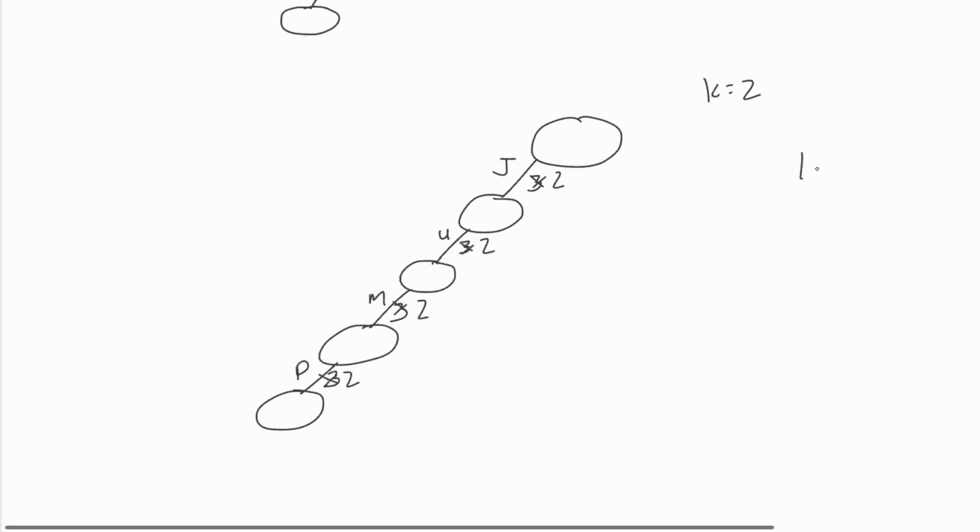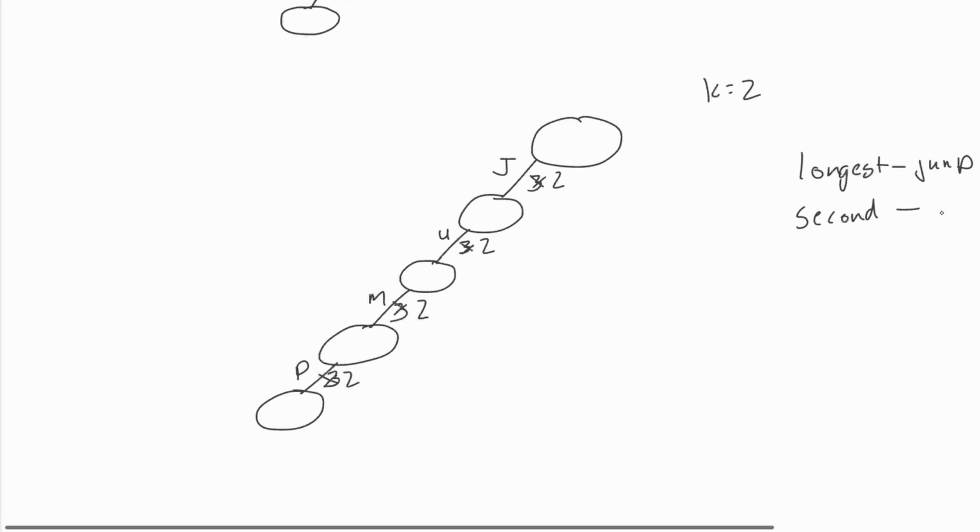So we know that our longest is jump, and then we remove that. So we want to find the second longest. Well, in this case, jump is actually still the second longest one, right? Just because we removed this doesn't mean that we can't have it again, right?